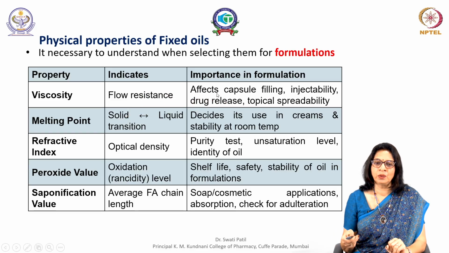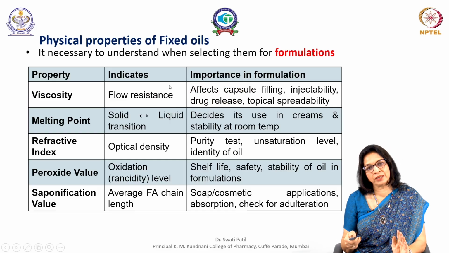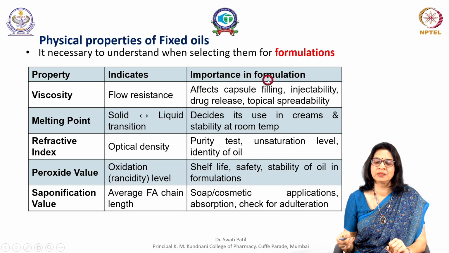For example, we have vitamin E capsules where the oil is filled in the capsule. So, these can be used on the face, on the hair. So, there are such products where the herbal cosmetics are in capsule form. Melting points, the solid and liquid transition, decide its use in cream and the stability at room temperature.